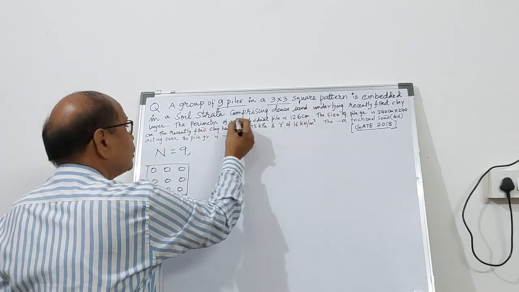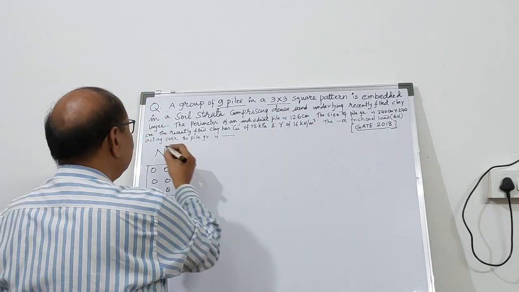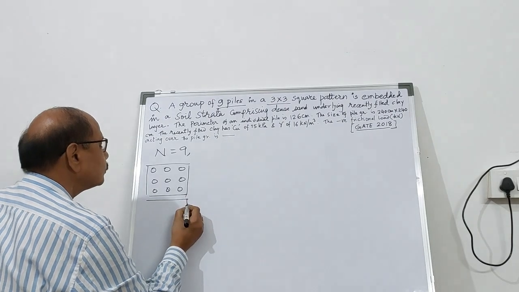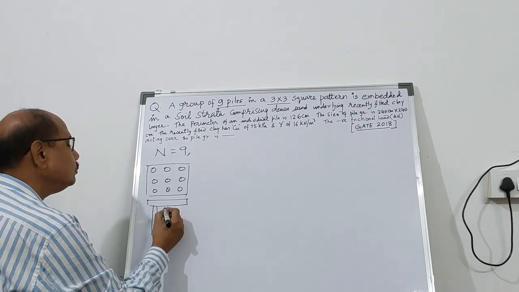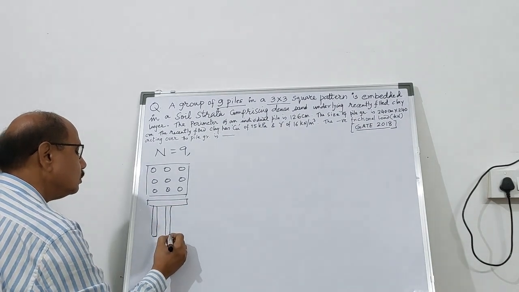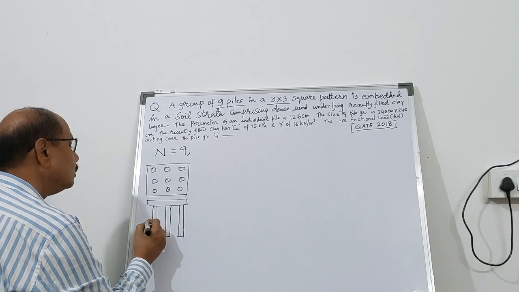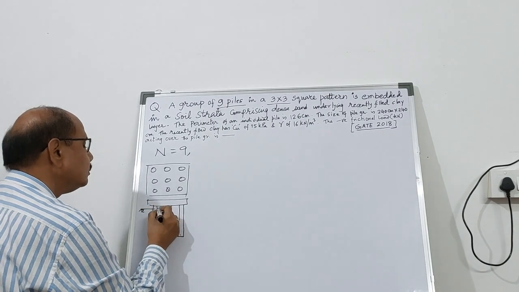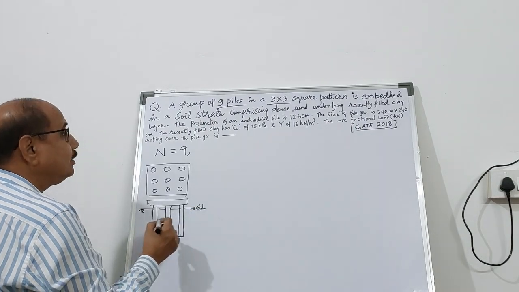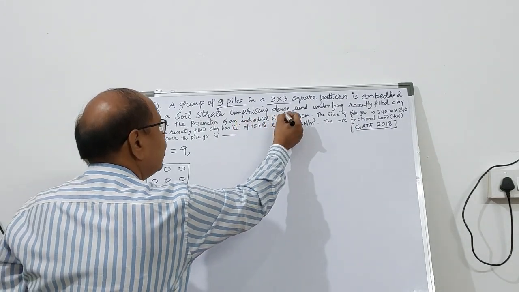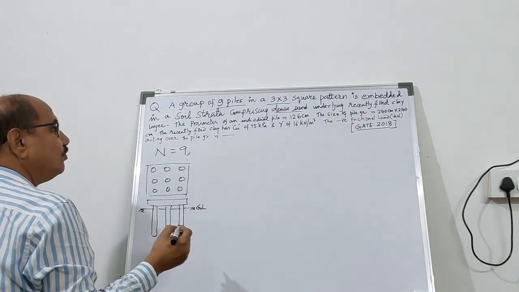It is embedded in a soil strata comprising dense sand underlying recently filled clay layer. So if you take the sectional view, with the ground level GL, here comprising of dense sand underlying recently filled clay.